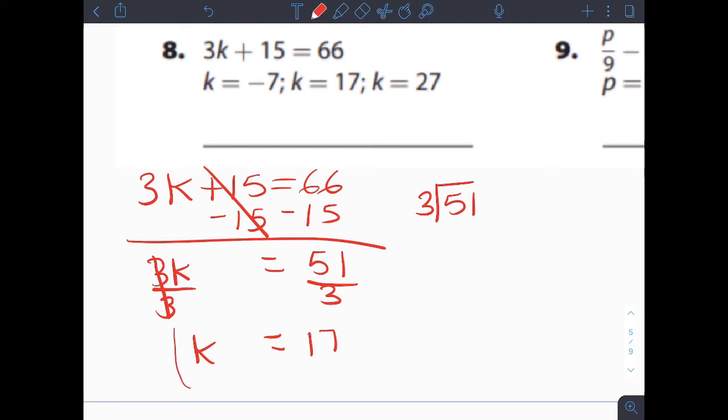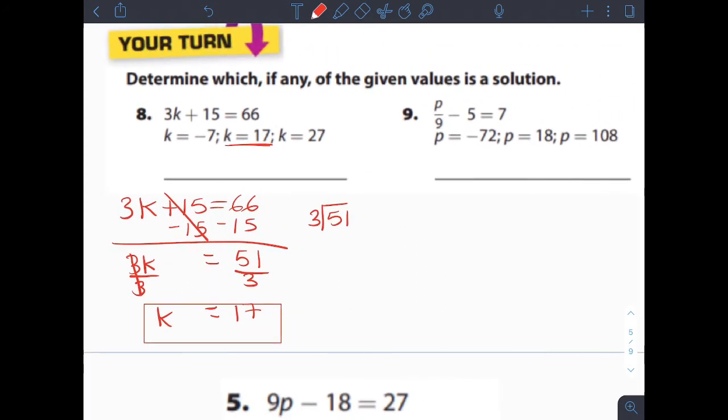And is 17 one of our solutions that they gave us? It is. It's here. So you don't have to go and try the other ones. But just to make sure that 17 is the correct answer, I'm going to go ahead and plug it into my original equation to make sure that I got everything correct and I didn't make any mistakes along the way.